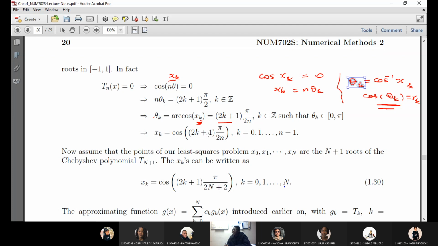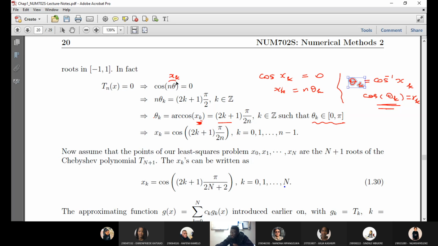So now, something else. We use the fact that, please, this xk and this one, they are different. This is just to denote that this is how I'm solving.